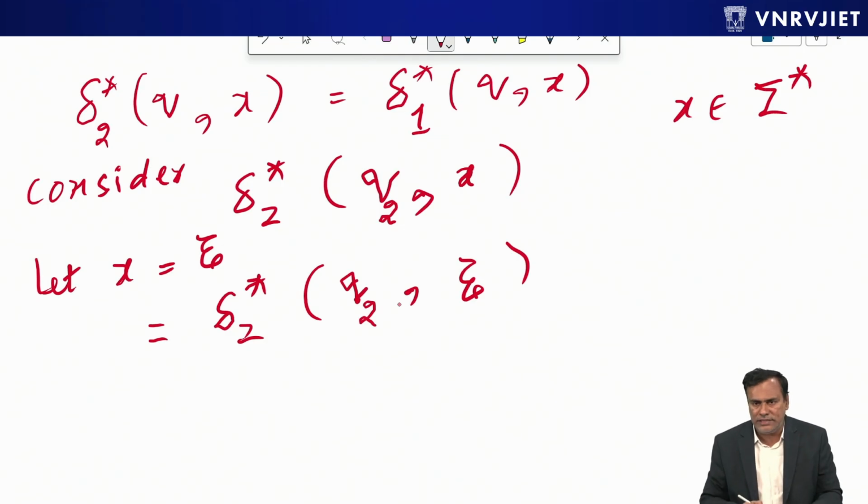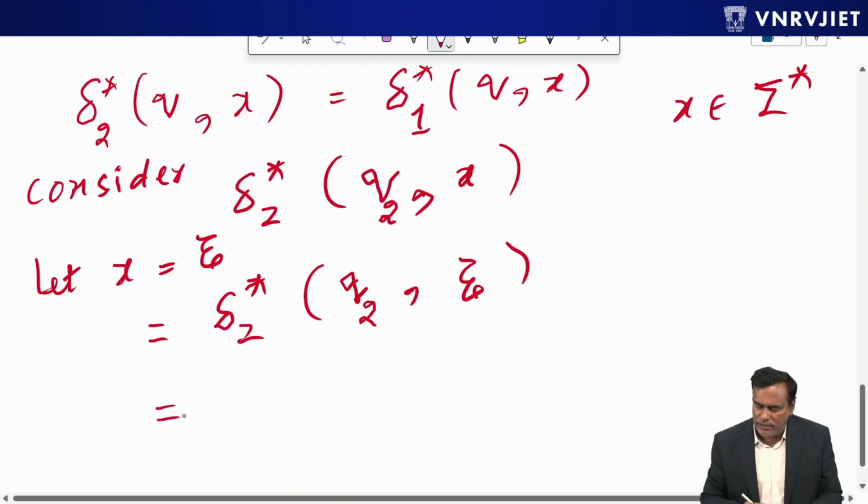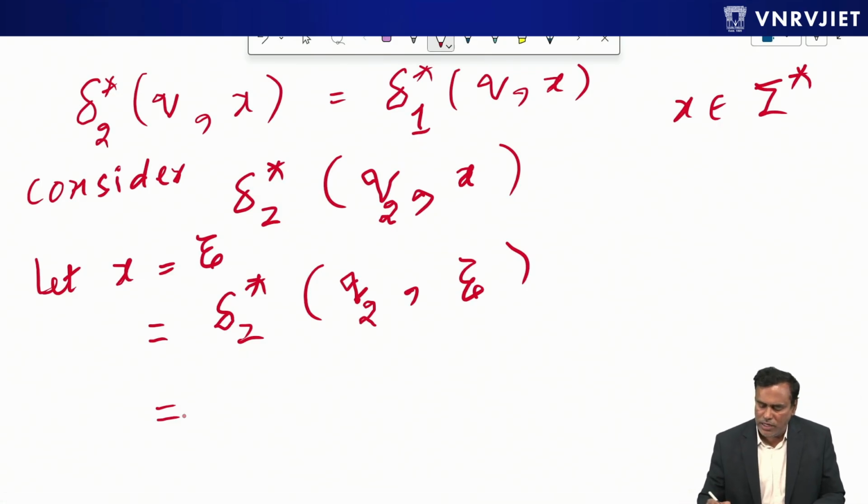You understood the reason, right? And you know delta 2 star of Q2 on epsilon is Q itself. Here Q is Q2. Delta star of Q epsilon is Q, in the sense delta 2 star of Q2 epsilon is equal to Q2. There you have Q, here you have Q2. That is the only difference.